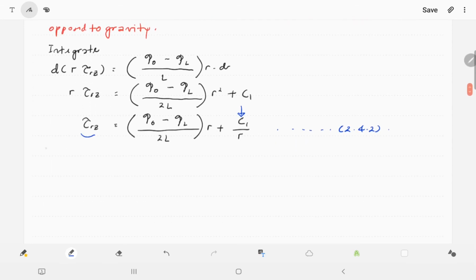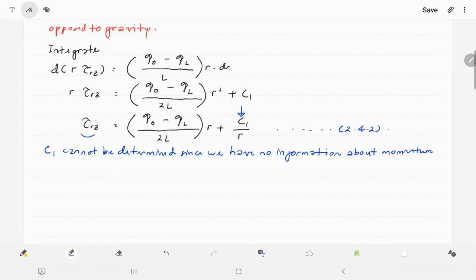So C1 cannot be determined at this point, since we have no information about momentum flux at fixed surfaces r equal kR and r equal R.